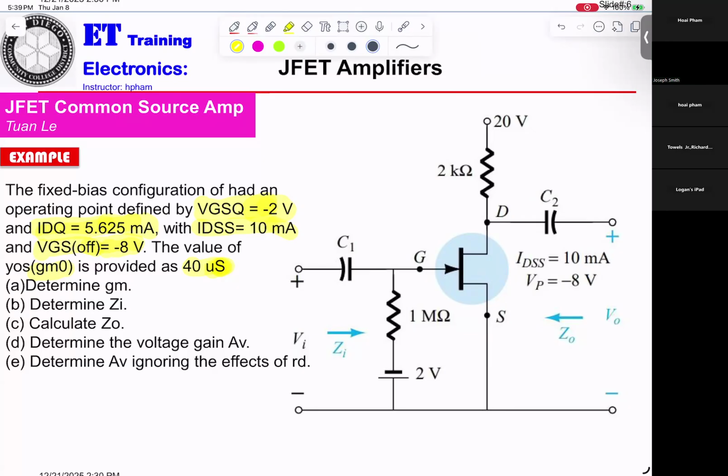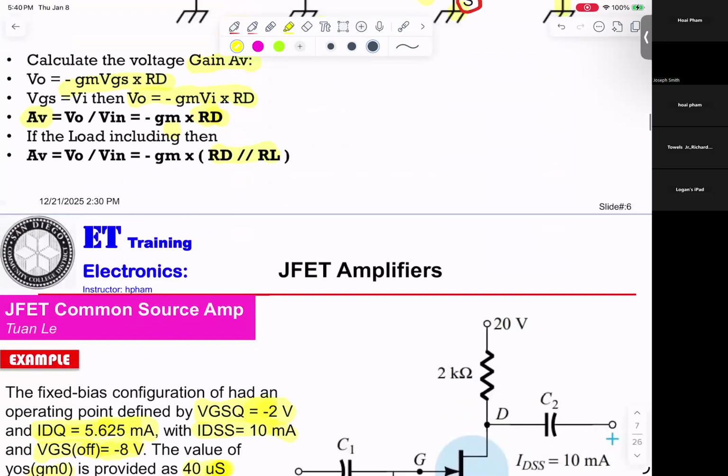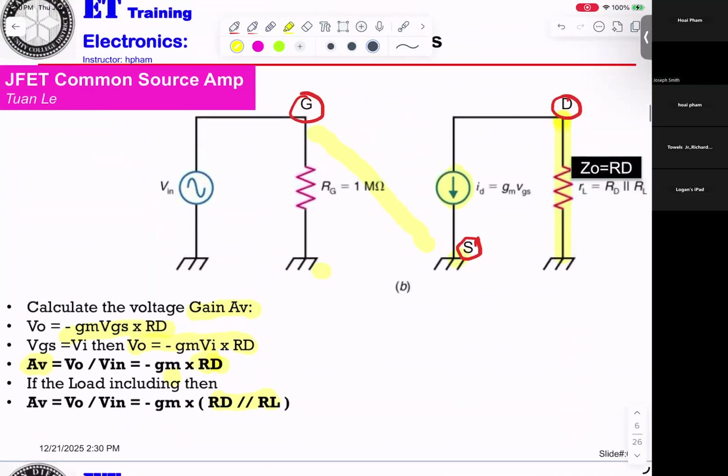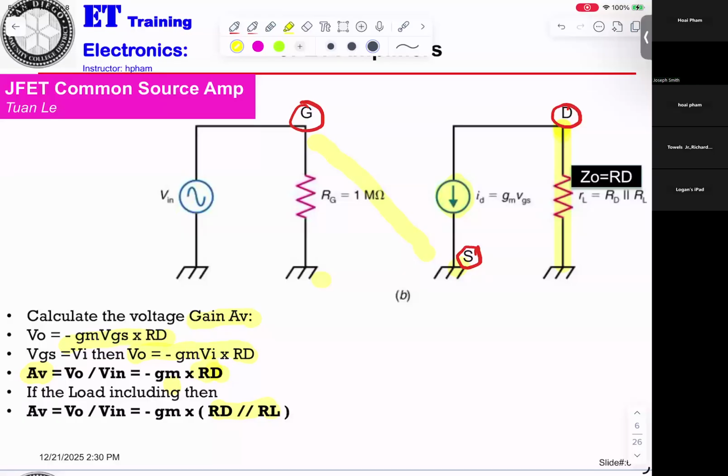Right. 2K, that means output impedance. Yeah, because you short out C2. For sure, you have to short it out. You see that in here. You can get only 2K.